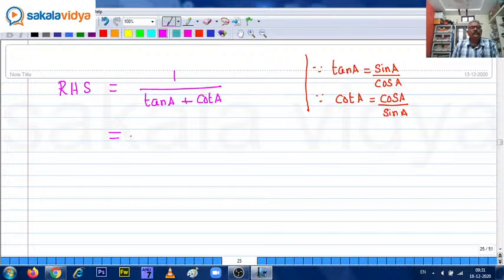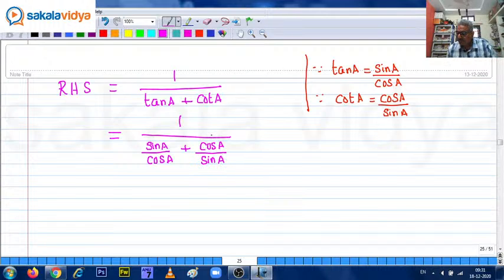This equals 1 upon sin A upon cos A plus cos A upon sin A. Let me complete the problem.